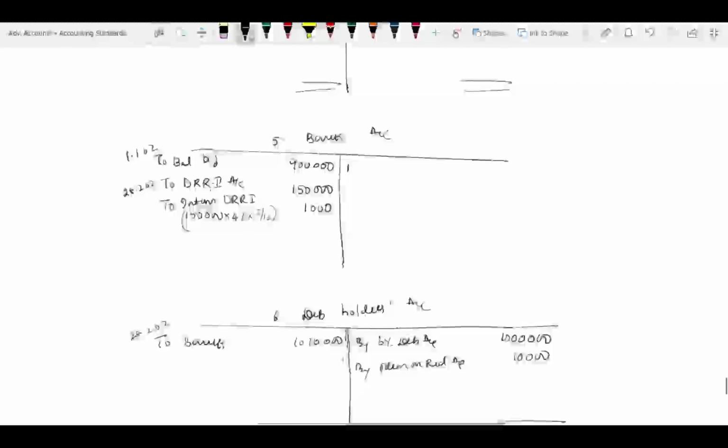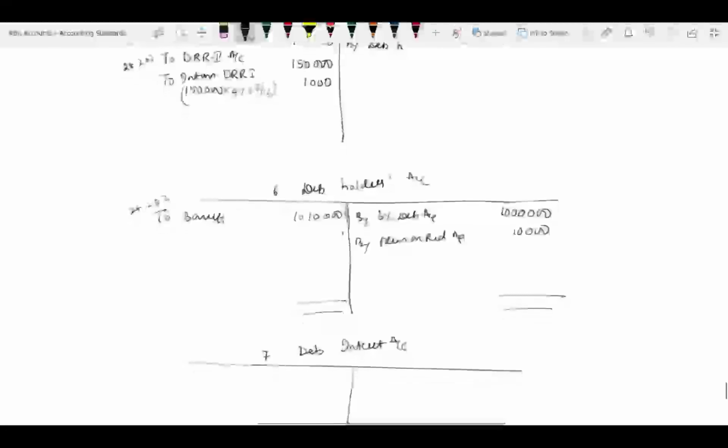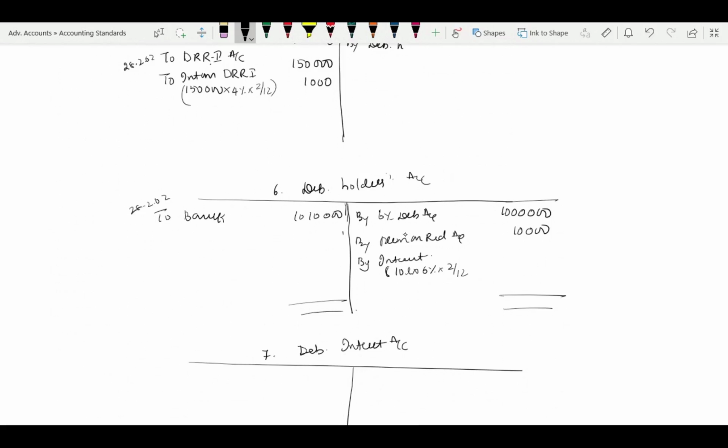In the bank account credit side, by debenture holders, additionally add broken period interest, which is 10 lakh into 6% into 2/12, that is another 10,000.